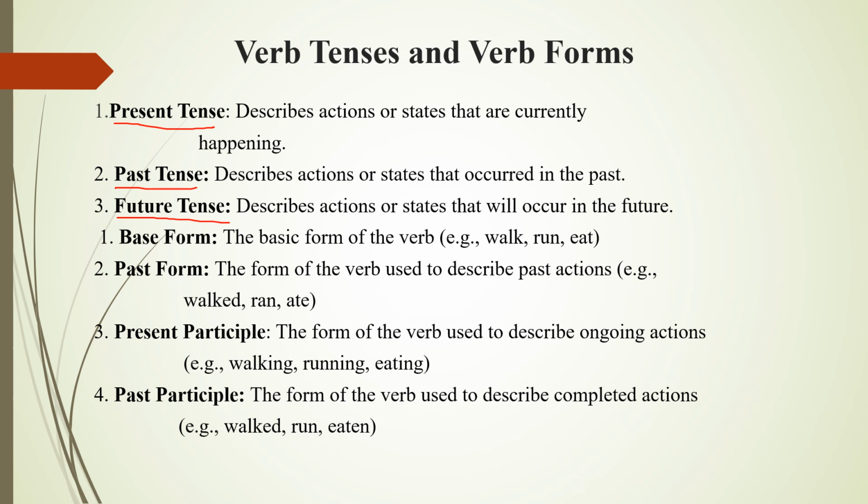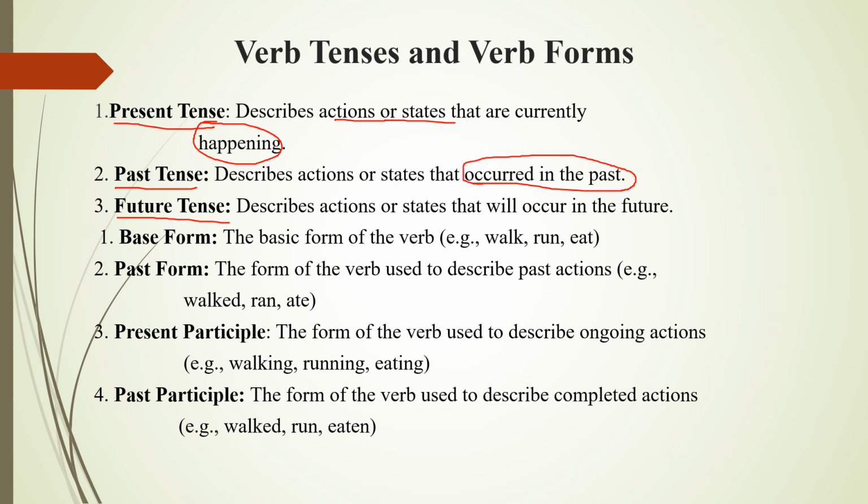Present tense describes actions or states that are currently happening. So what does it show? It shows action which is taking place in the present, in the current time. We have past tense. Past tense describes the actions which occurred in the past, which have already happened.